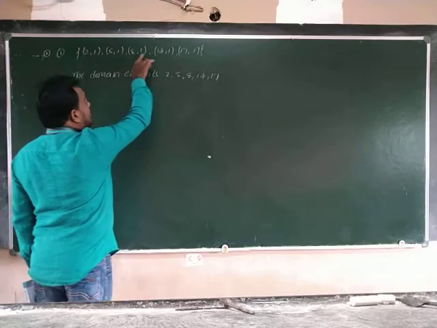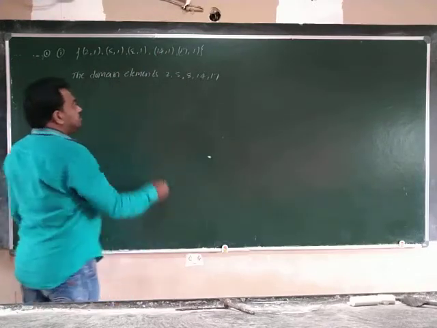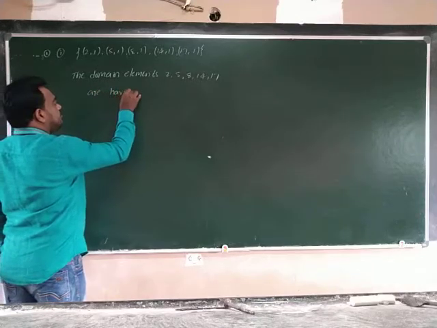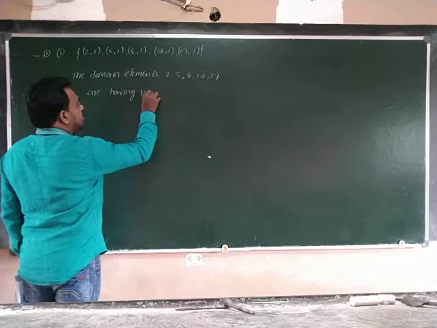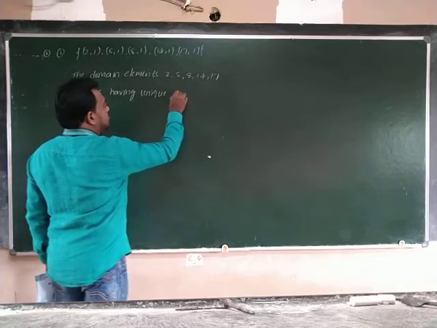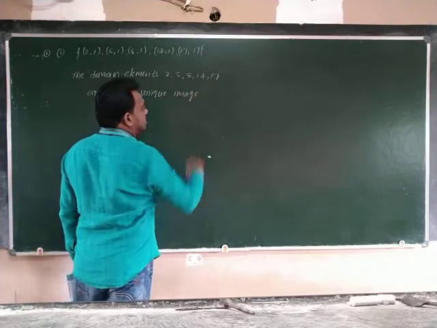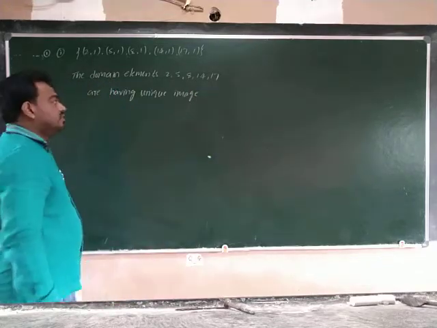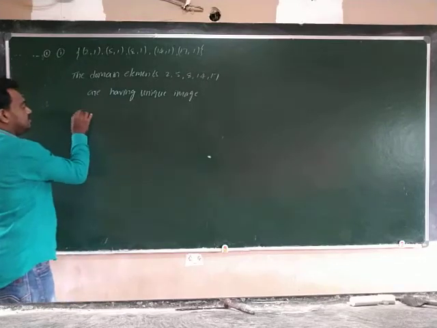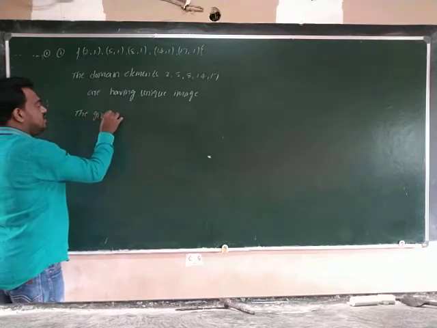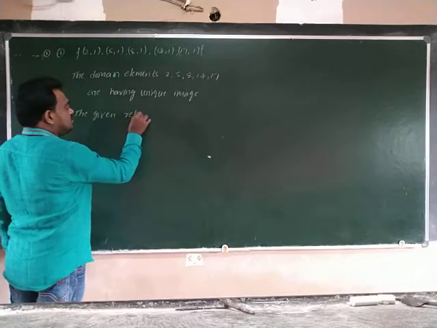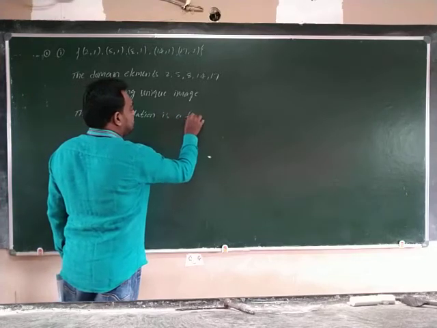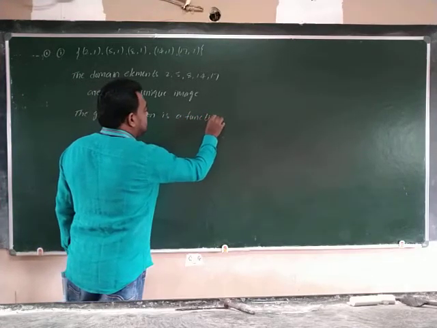These are having a unique image, that is 1. All are having unique images. So the given relation is a function.